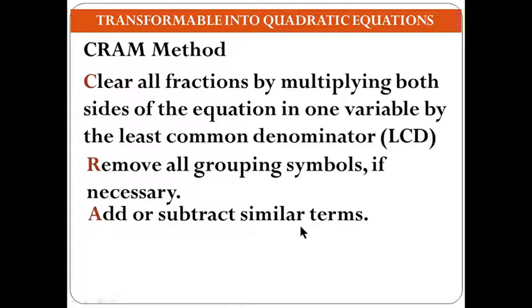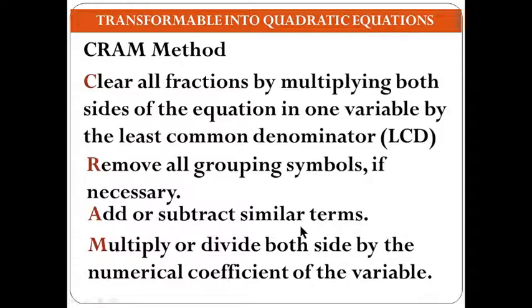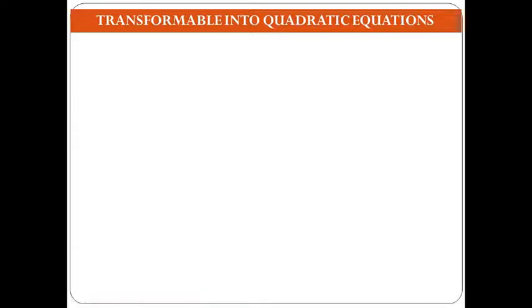And for M is multiply or divide both sides by the numerical coefficient of the variable, leaving the variable on the left side of the equation with a coefficient equal to 1. Then verify or check if the values of the variable satisfy the given equation.